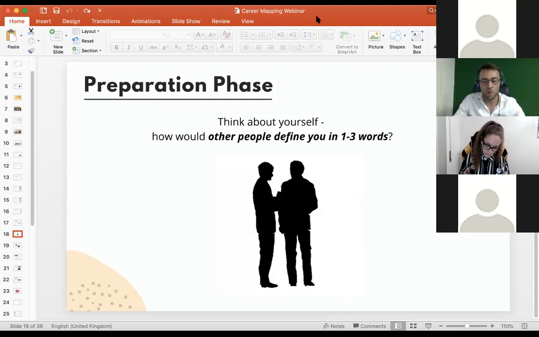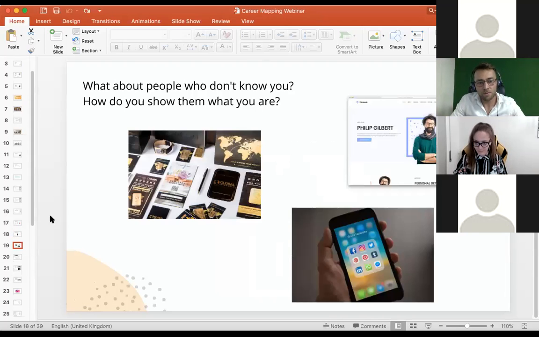Okay, so I'll go to the next slide now. That exercise in itself is very, very important because a lot of people never reflect on how the world sees them. We always think about how we see the world. So that's a very important point. Once we identify what we are at the moment and what we want to project, how then do we communicate this?